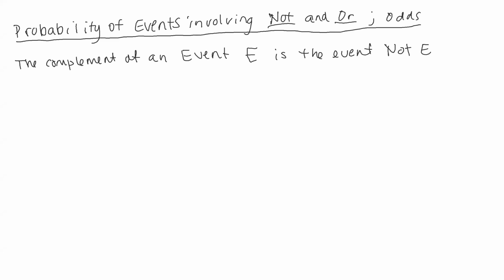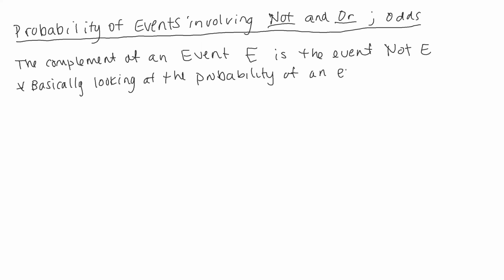Okay, so basically looking at the probability of an event not happening. So if you were talking about rolling a die, we could say, what is the probability that you would not roll a 3? Well, how many ways could you not roll a 3? That would be the probability we were looking for.